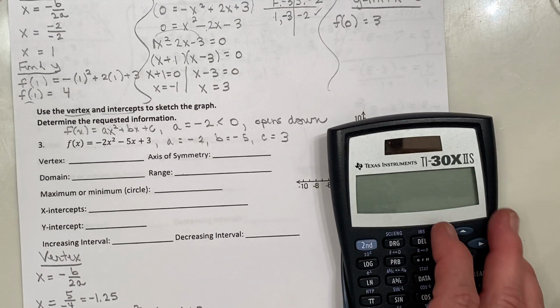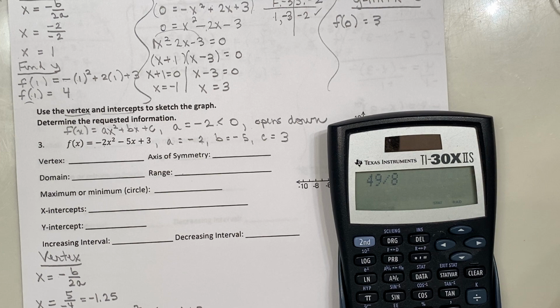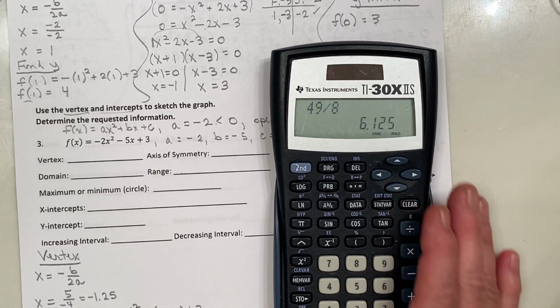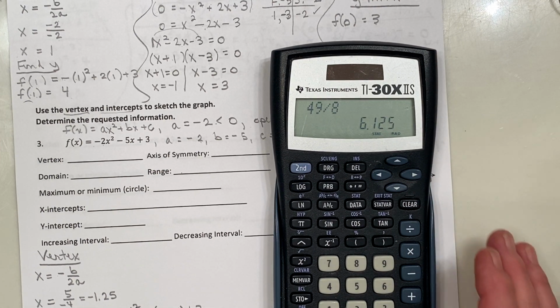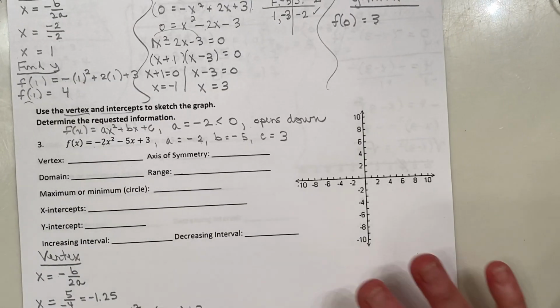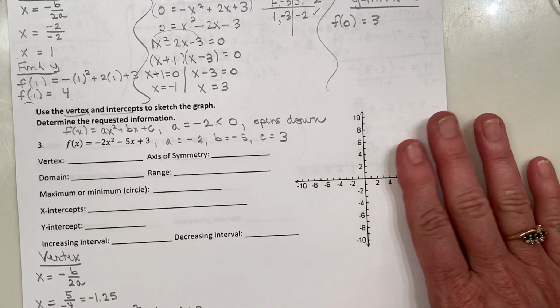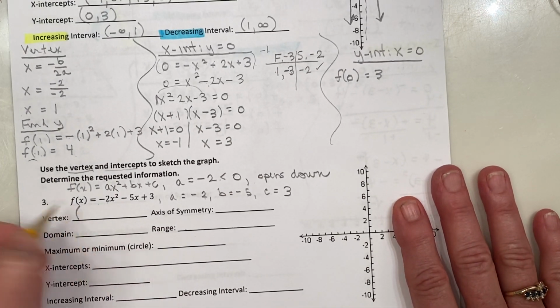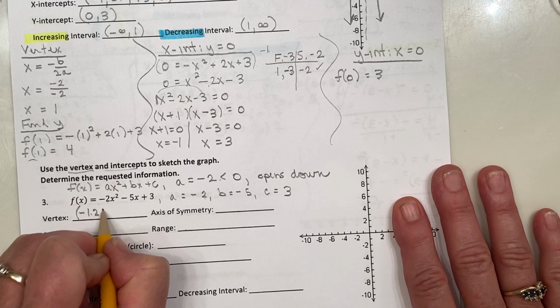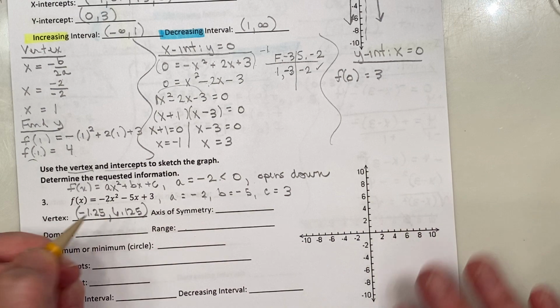And I ended up with 49/8, but I need that to be a decimal because I don't want to plot a fraction. So I ended up with 6.125. Not very friendly.